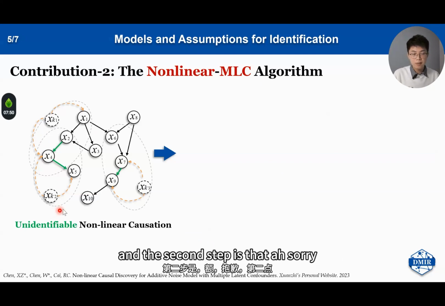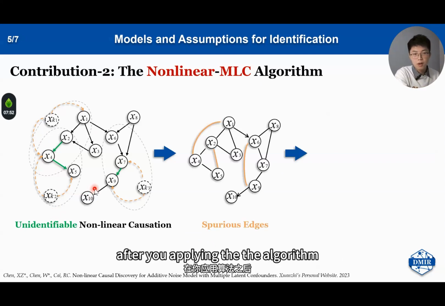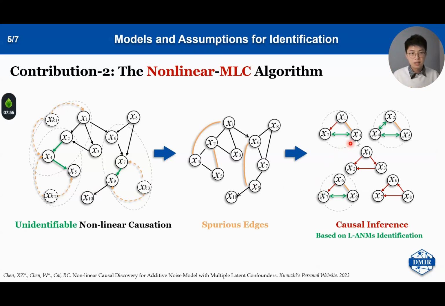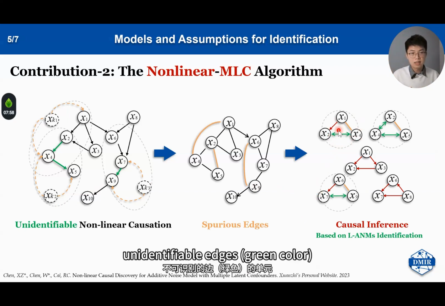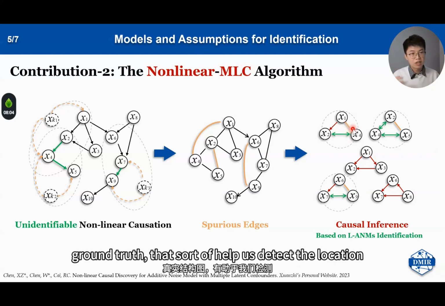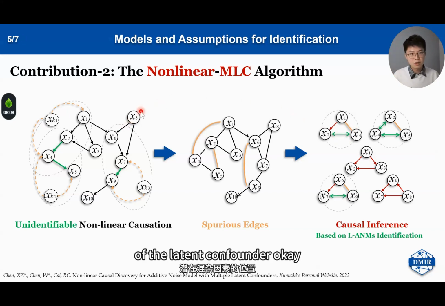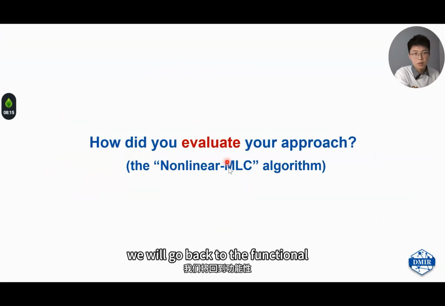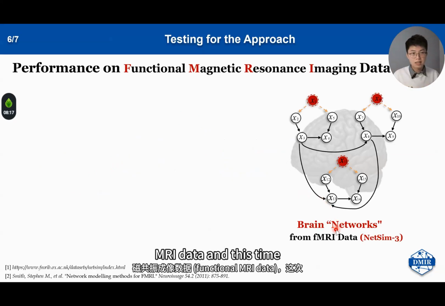And the second point is that after you apply the algorithm, the unit that consists of the unidentifiable edges is essentially the unit that consists of the spurious edges. So that helps us detect the location of the latent confounder.